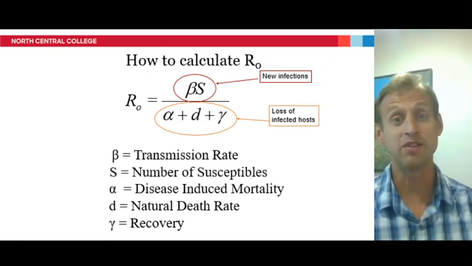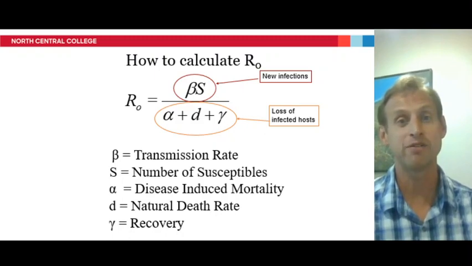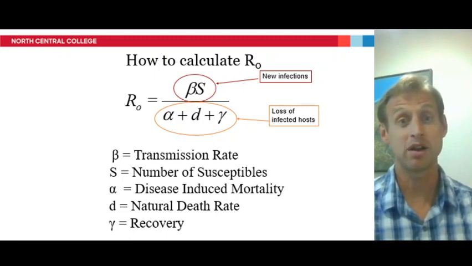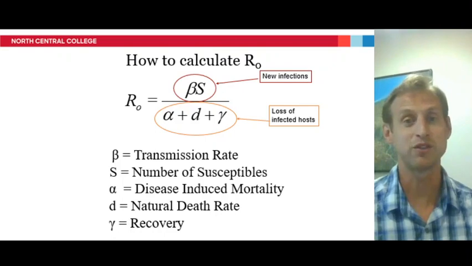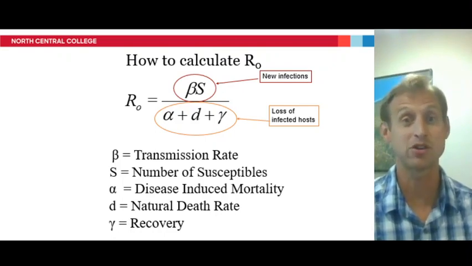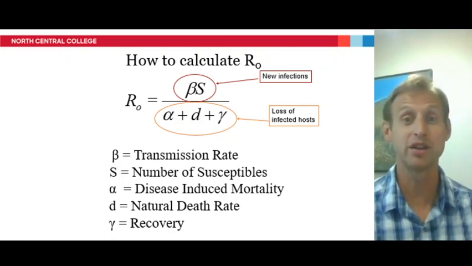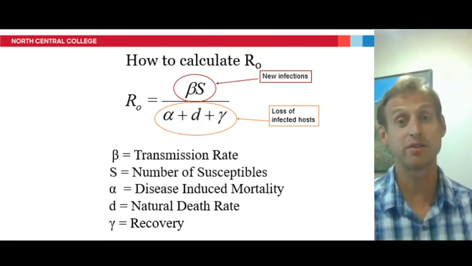Even though it's awful to have a high alpha rate for the person who's infected, it's actually good for the course of the epidemic because it makes R naught smaller and makes the disease fade away faster. Another thing that makes the disease fade away faster is that people just die from natural causes more quickly, so they're not going to spread the disease. And then finally, the recovery rate. With a high recovery rate, if somebody gets better really quickly, they're not going to be able to spread it to a lot of people.